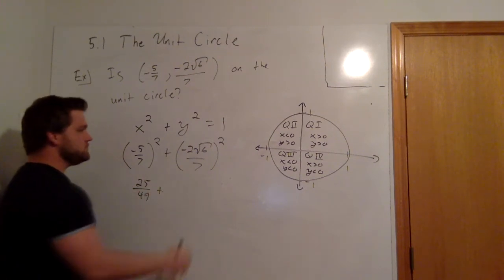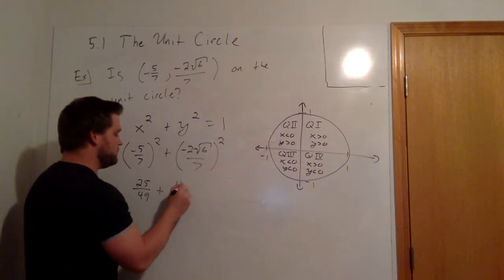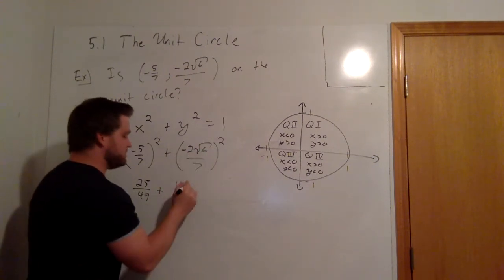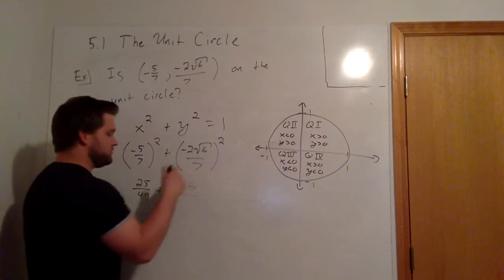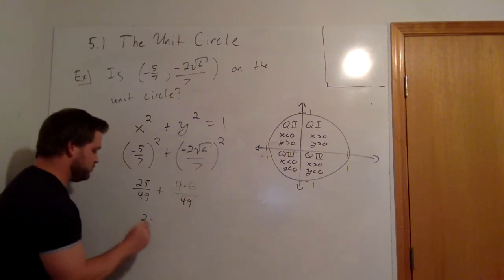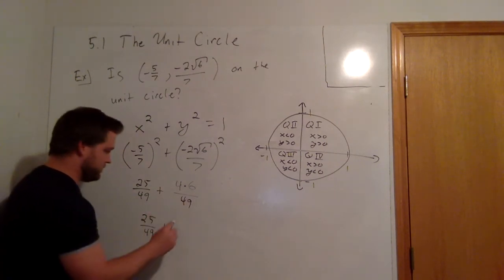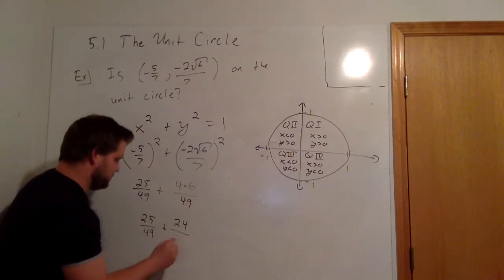Plus, if I square -2 root 6, squaring the -2 gives a positive 4, and squaring the root 6 gives 6, and squaring the 7 gives 49. So we have 25 over 49 plus 6 times 4, that's 24 over 49.